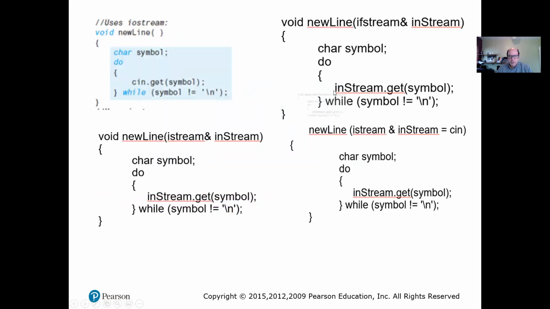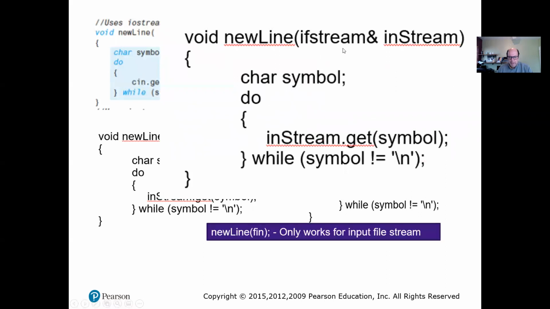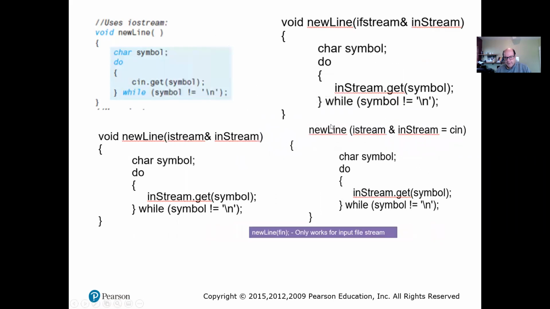Now, if I'm using this one, which has ifstream, this only works for file input streams. It doesn't work for cin. It only works for file streams. So we can pass our input stream here, and it's going to work for that.